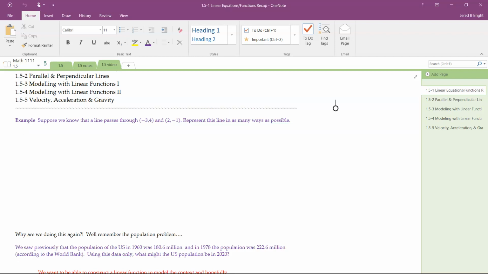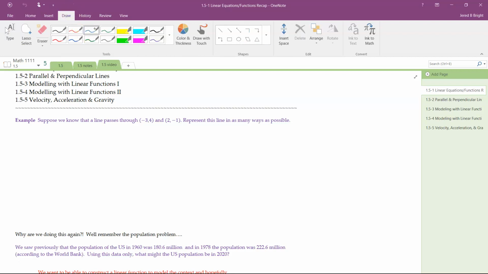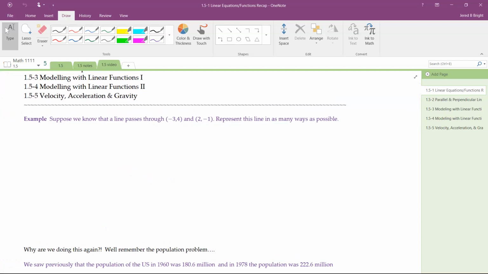Okay, so we know we have this information about a line and we want to represent it in as many ways as possible. Well, you might remember we had similar exercises in the last section, right? So we may want to start out by finding the slope, and so we do that and we end up with minus 1 minus 4 over 2 minus 3, and so then we get a negative 5 over 5, which is minus 1, and then so we can get our first representation of a line, or at least I start with point slope.